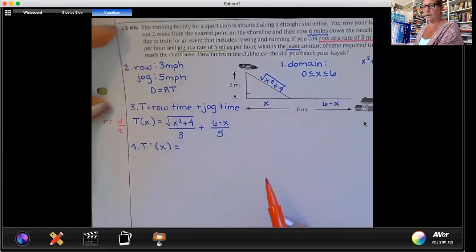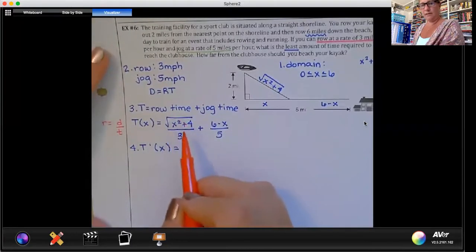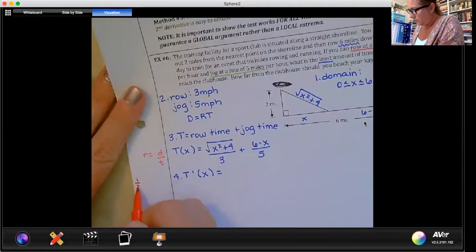So now we're going to find t prime. So t prime of this, I just kind of am going to do out to the side. So that's 1/3 times x squared plus 4 to the 1/2 power. Take the derivative and you get 1/6 times x squared plus 4 to the negative 1/2 power times 2x.